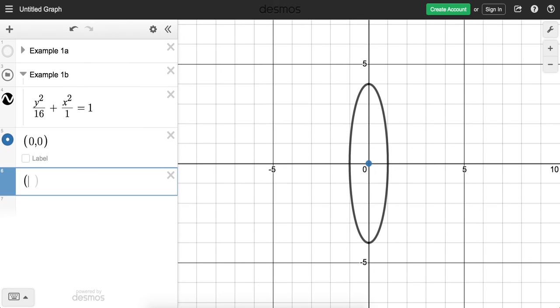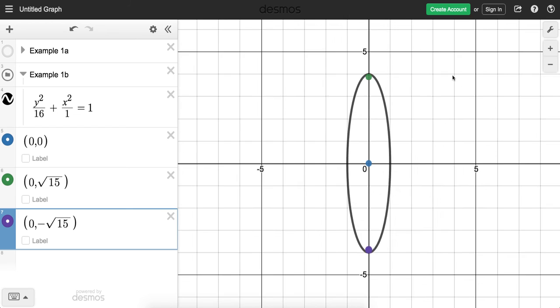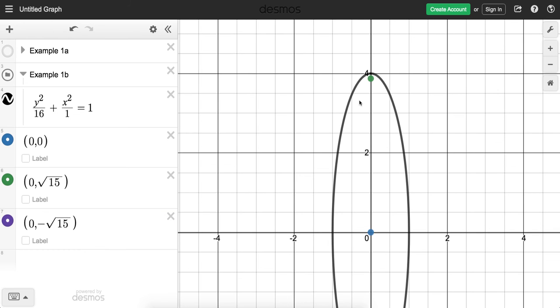So if we look at that, here's the positive square root of 15, and then 0, negative square root of 15. So it looks like they're really, really close to the vertex. In this case, it's very close to the edge of the ellipse, but your focus point is not going to be on your ellipse ever.